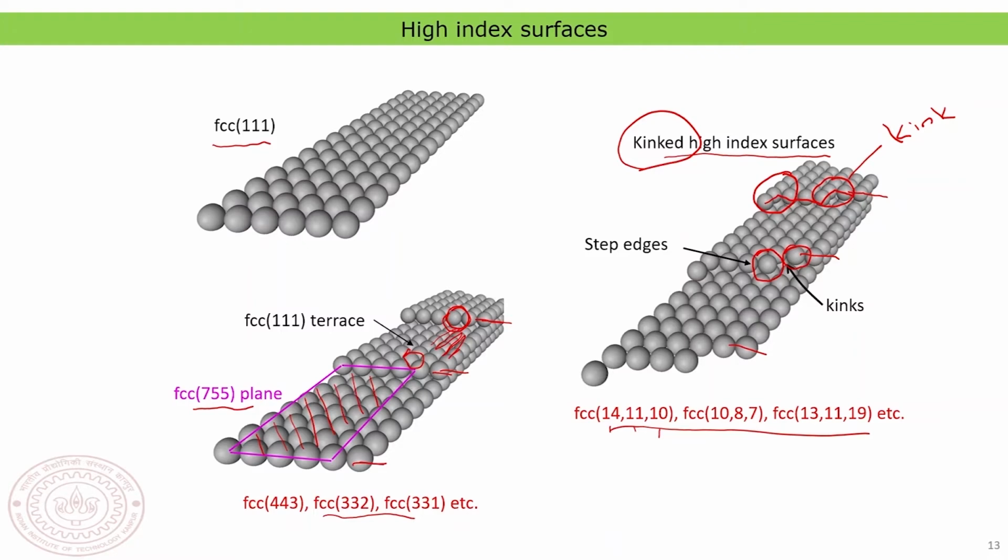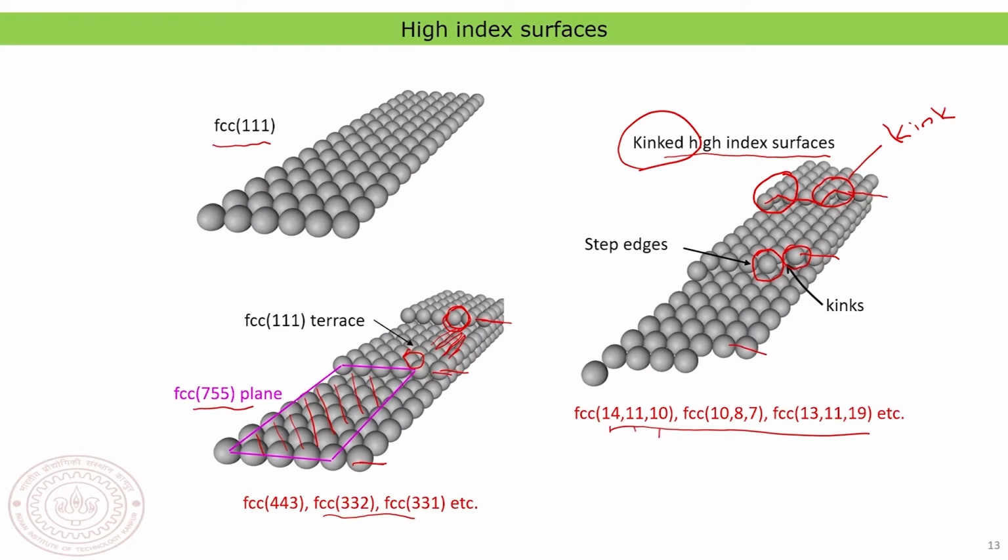So this means that when you create kinked high index surfaces, you are creating surfaces with a lot of atoms having lower coordination, in general rough surfaces, which means you are creating reactive surfaces.